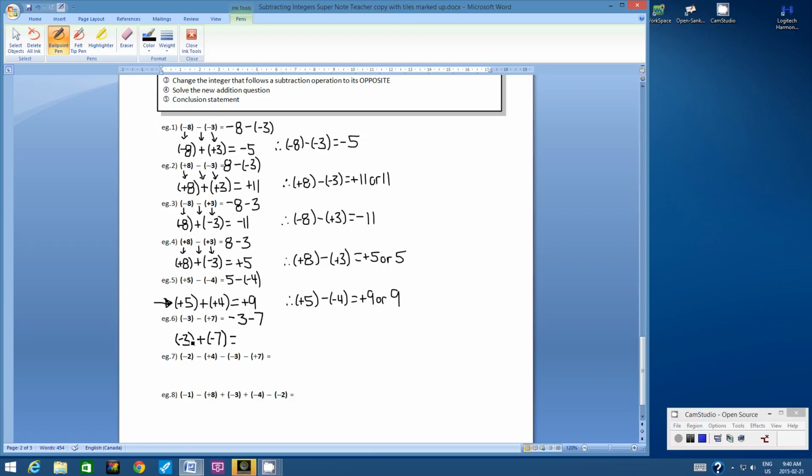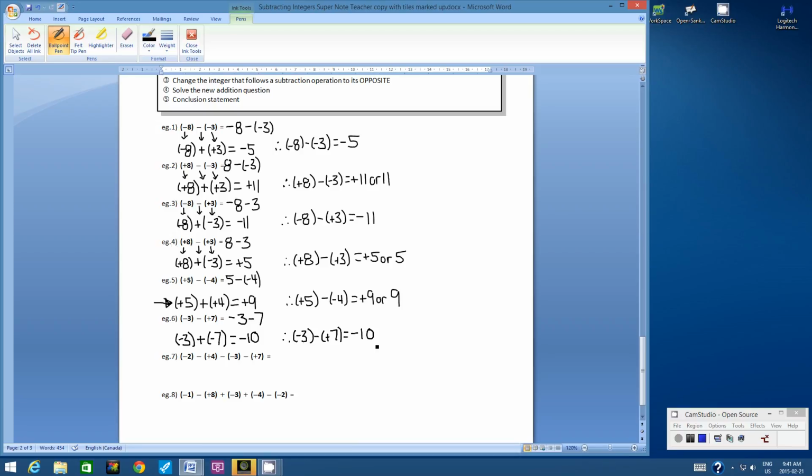All right, so we're left with 3 negative tiles added to 7 negative tiles equals 10 negative tiles. All right, there's our conclusion statement.